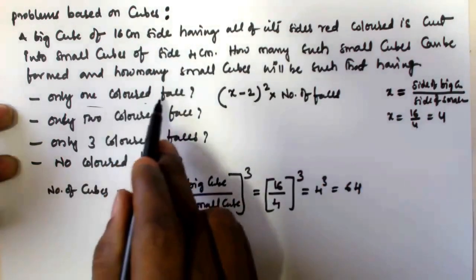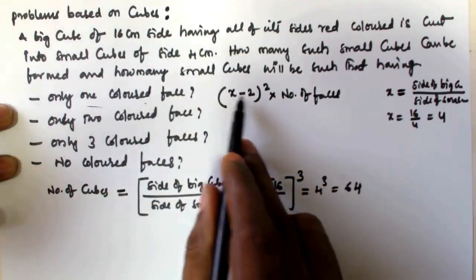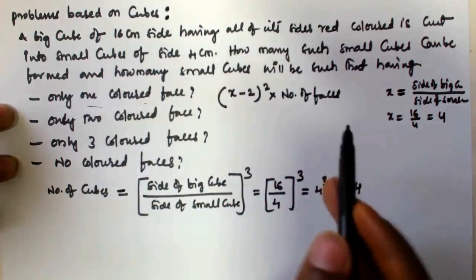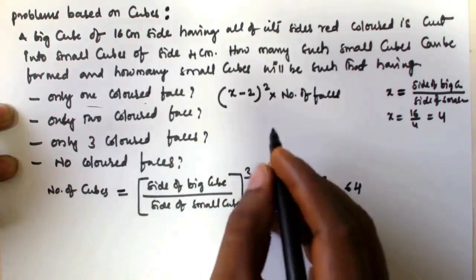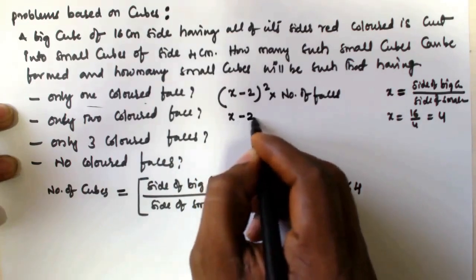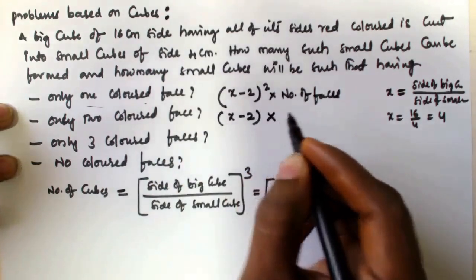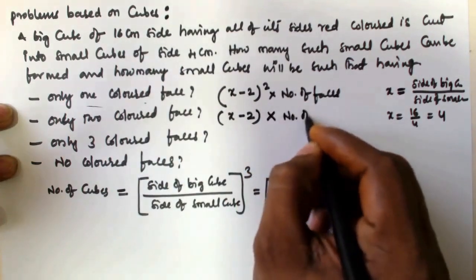So only one colored face is given by x minus 2 whole square into number of faces. Cubes having two faces colored are given by x minus 2 into number of edges.